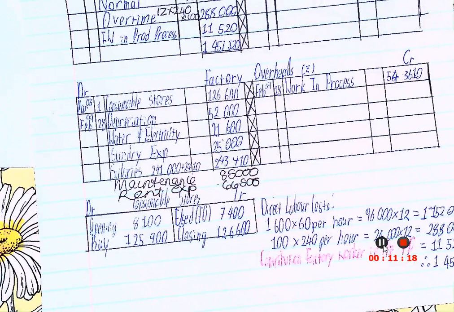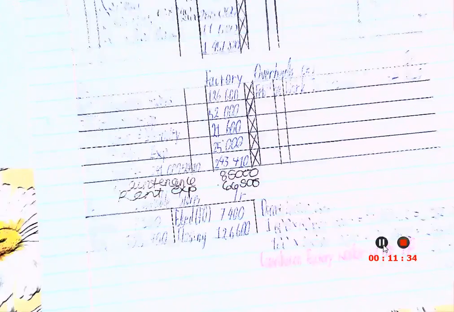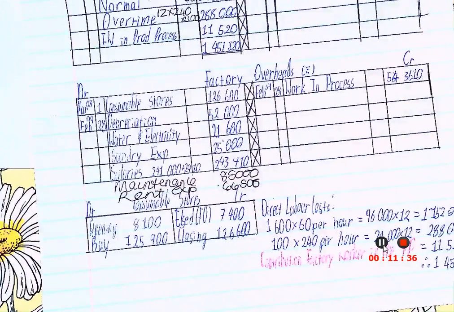He's going to allocate it according to who uses the most. So obviously the factory uses the most, but not everything. Admin use a little bit less because it's the computer and the lights and whatever. Maybe sales and distribution uses more water and electricity because they need to wash all the vans and they need to have conveyor belts for the packing of the goods, and I don't know.